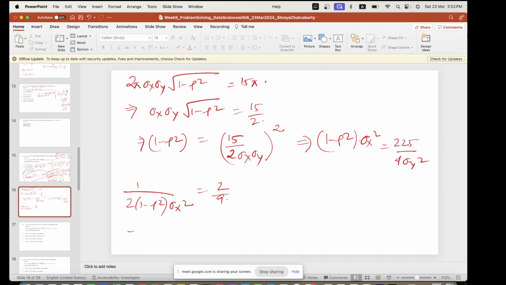Okay, so if I substitute here, I can write half into 225 by 4 sigma y square equal to 2 by 9. Alright, so this 2 cancels, 2 here also cancels. So sigma y square would be 225 by 9, sigma y would be 5 by 3.